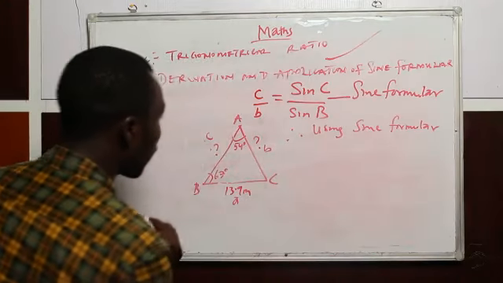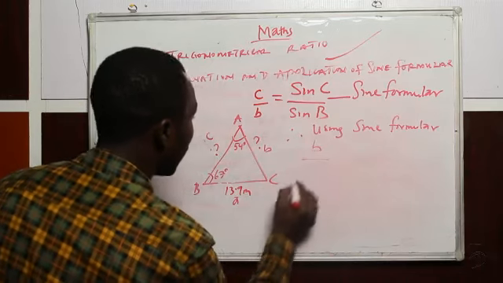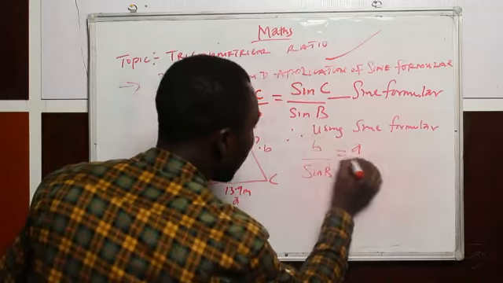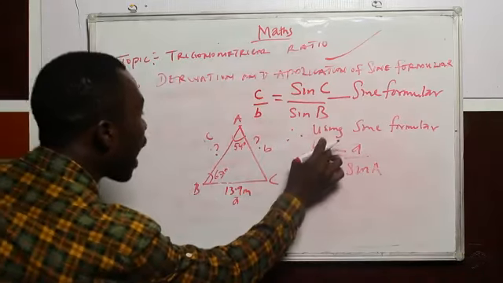We have b over sine B equal to small a over sine A, so that we can now find our side b.